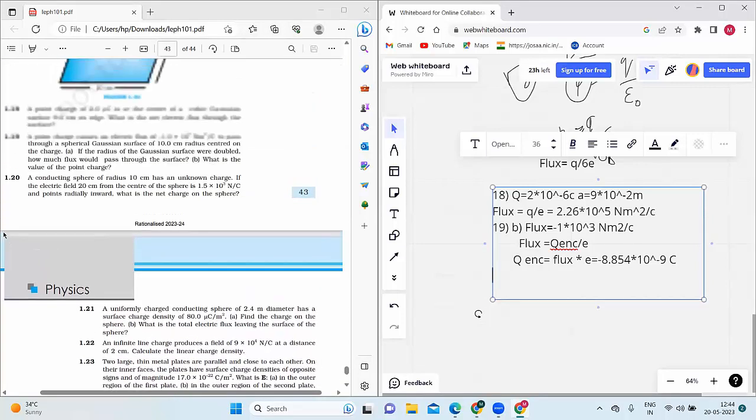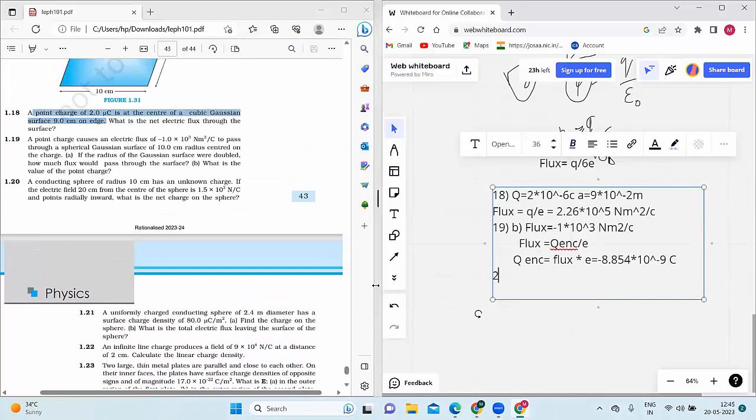Let's go to the 20th question. A conducting sphere of radius 10 centimeters has an unknown charge. The electric field 20 centimeters from the center of the sphere is 1.5 into 10 cube Newton per coulomb and points radially inwards. What is the net charge on the sphere?